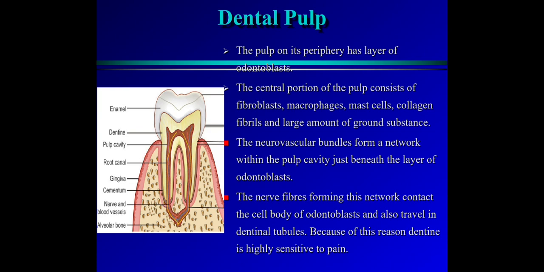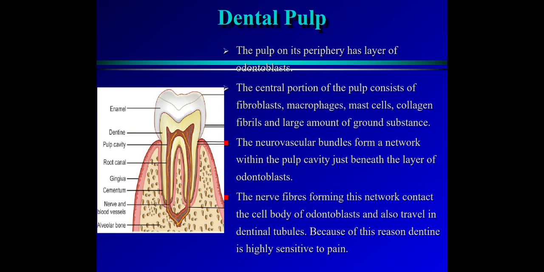Because of this, the dentine is highly sensitive to pain. The vessels and nerves in the pulp cavity supply the odontoblasts and the dentine tubules, and that is the reason the dentine is highly sensitive to pain.